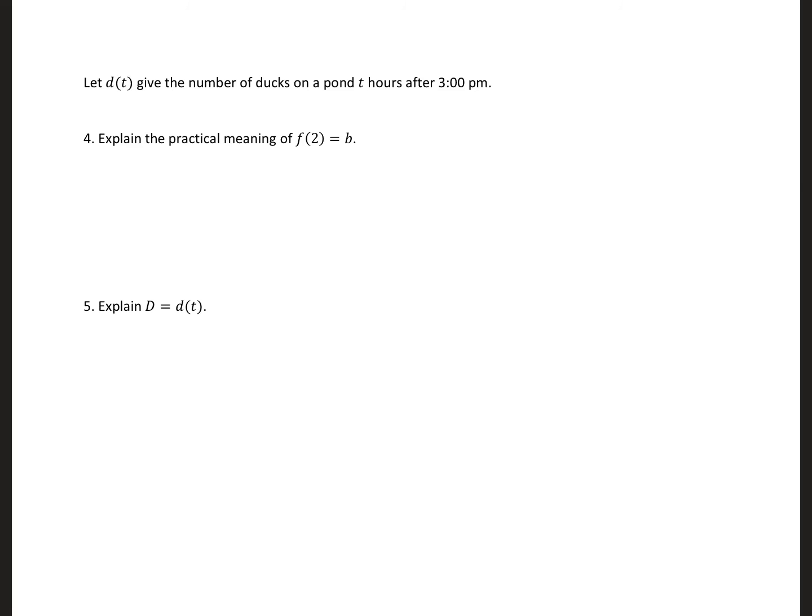Keeping that same scenario, just two other circumstances. Explain the practical meaning of f of 2 equals b. Let's cross that out. Let's make that d of 2 equals b so that we're keeping the same notation. Our input here is 2.